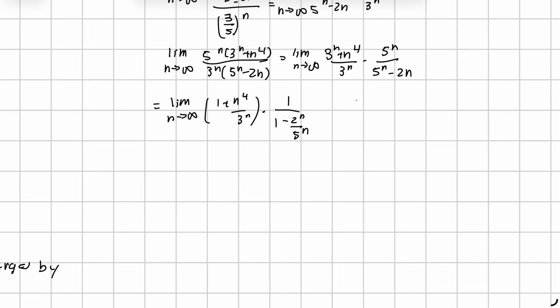So then we can see that as n goes to infinity, this n to the 4 over 3^n is going to go to 0, and this part here is going to go to 0. So we're going to be left with 1 times 1, and we know that's equal to 1.